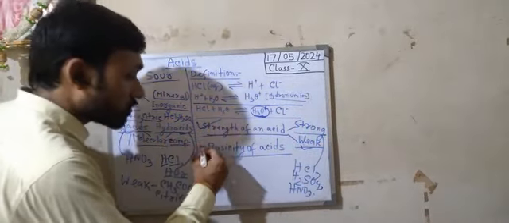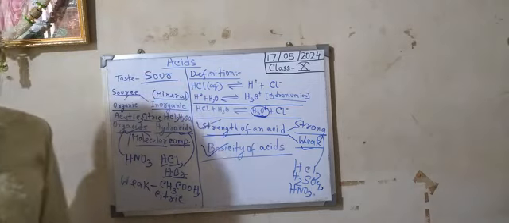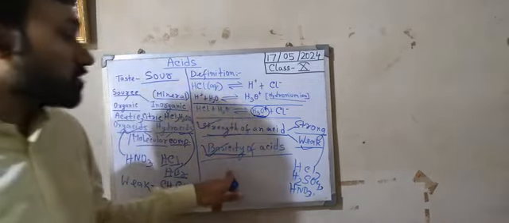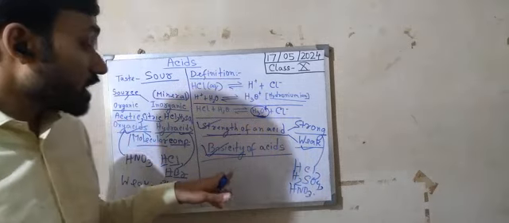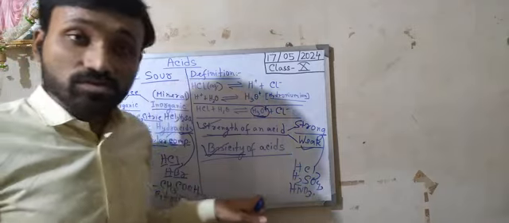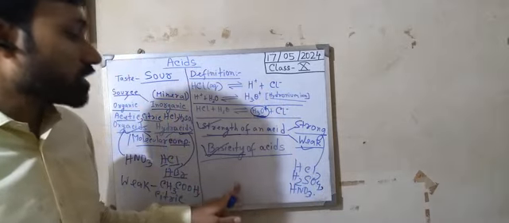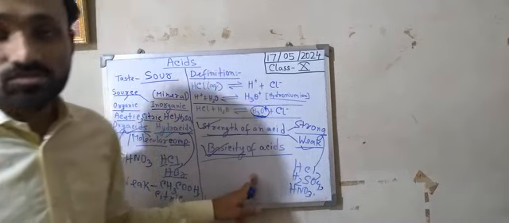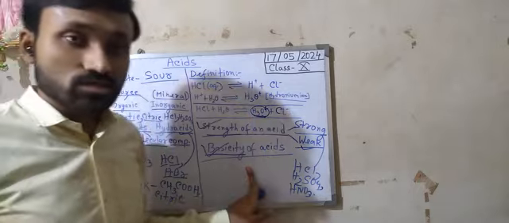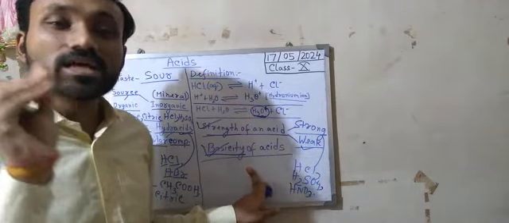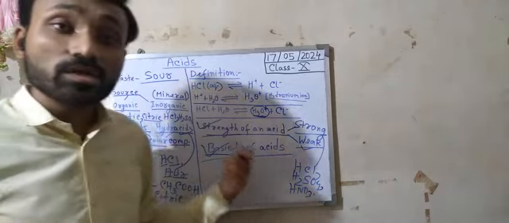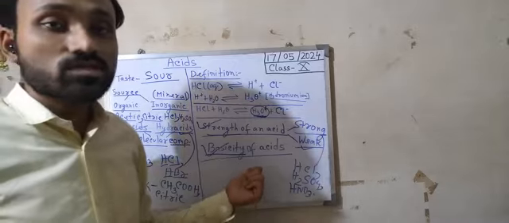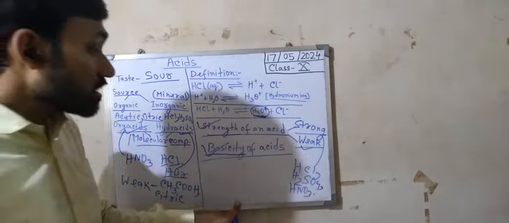Now, the most important, basicity of acids. So what do we mean by basicity of an acid? The basicity of an acid means the number of hydrogen ions which can be produced per molecule of an acid in aqueous solution. That means each molecule of an acid produces how many H plus ions in aqueous solution determines the basicity.